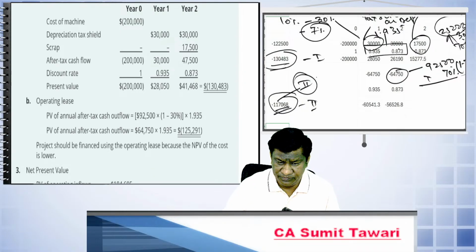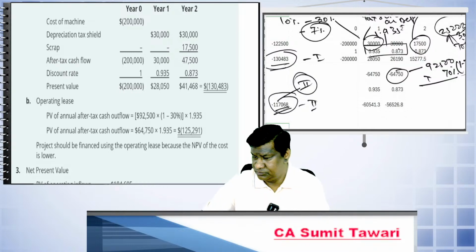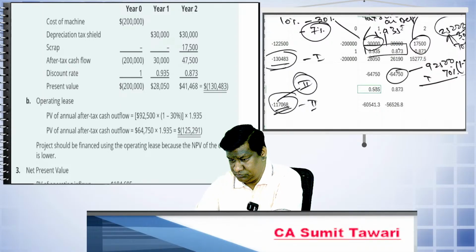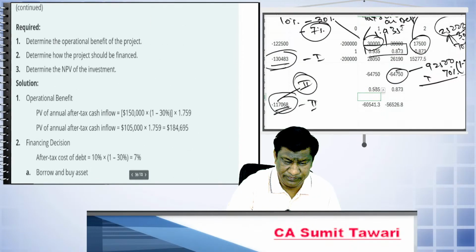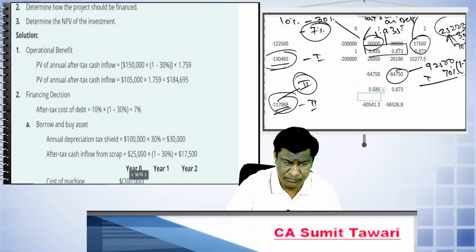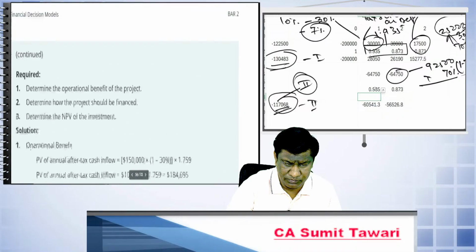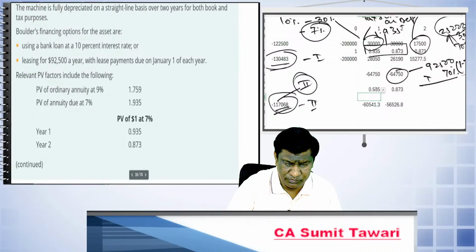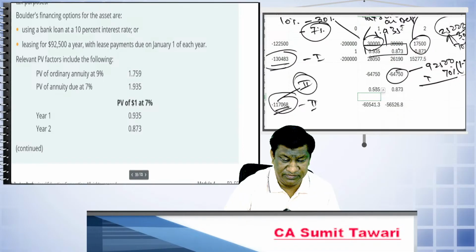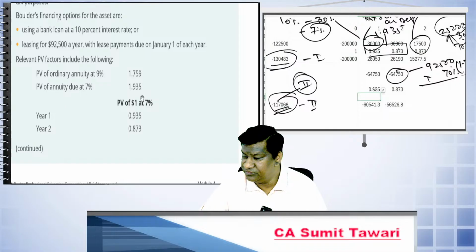Okay, 125. I think there is some error, I think 1.935, 0.935 and 0.873.